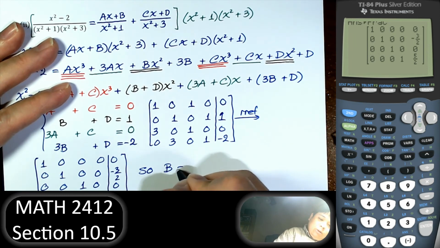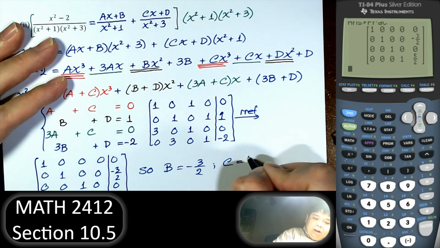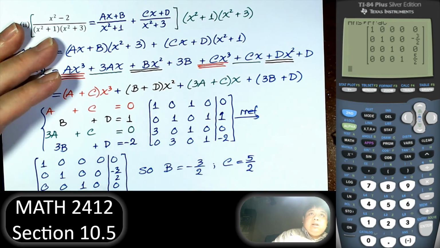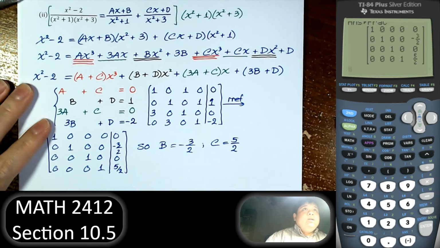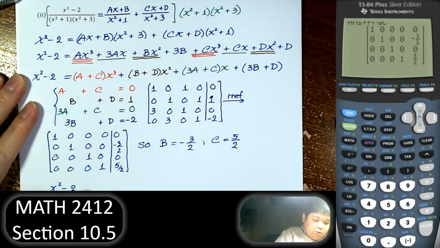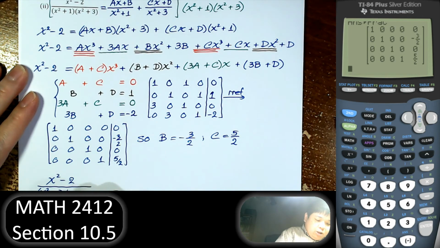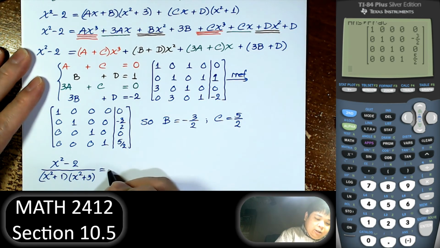So we have b equal to negative 3/2 and c is equal to 5/2. Right, put that together, we will have x squared minus 2 over x squared plus 1, x squared plus 3.